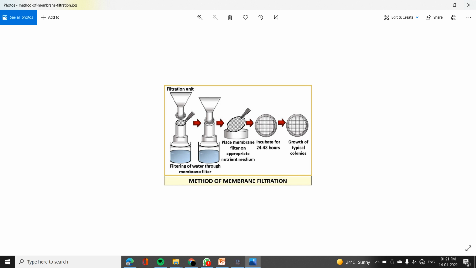This is the metal unit, this is the mesh, and this is the container in which the solution to be filtered is collected. This is the membrane filter, which we can incubate for the required time to see the microbial growth.